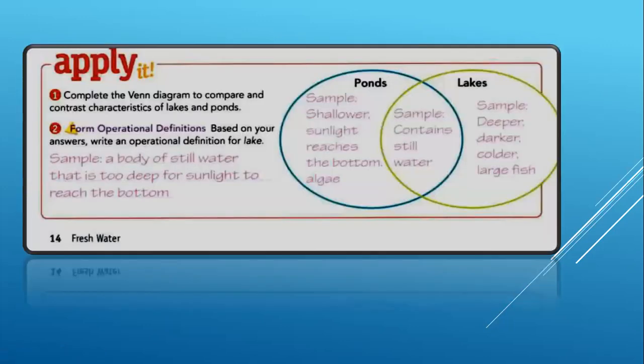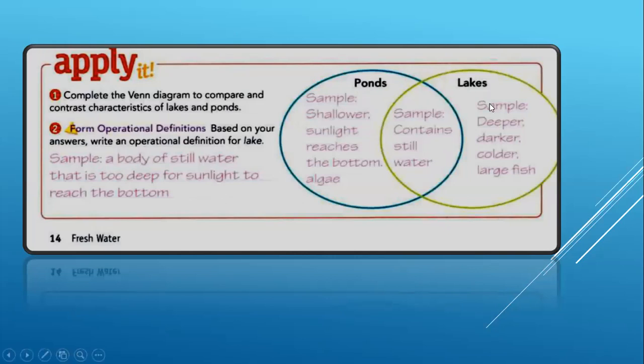That's a good comparison between the ponds and lakes. It shows what is common between them: both contain still water. It's not moving water unlike the rivers. Ponds here are smaller, shallower, and the sunlight reaches the bottom of them, so a lot of algae will be there.